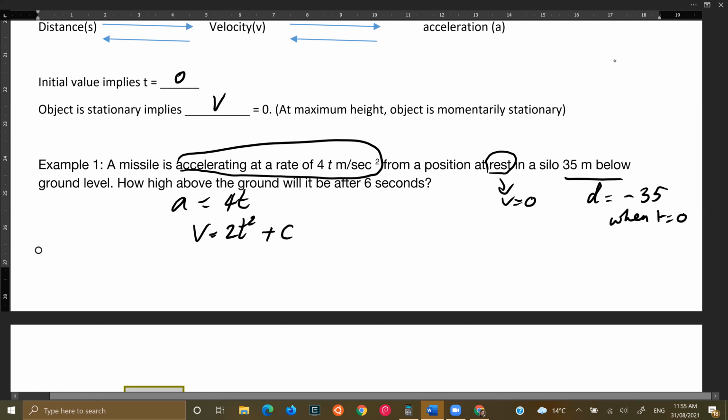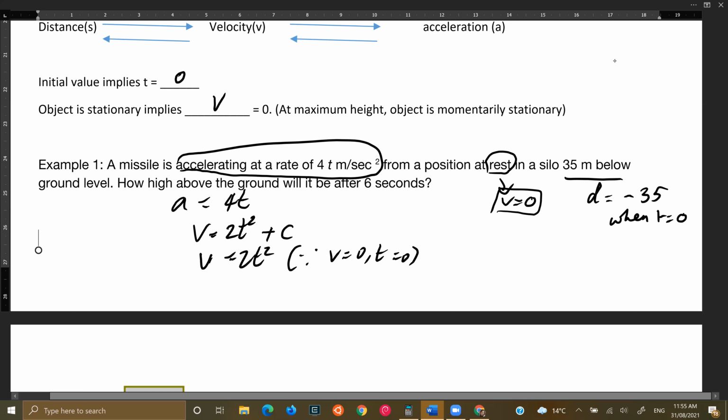Okay, so we are told v is 0 when t is 0, from a position at rest. So that means when time is 0, v is 0. So we end up getting v is 2t squared, because v is 0 when t is 0.